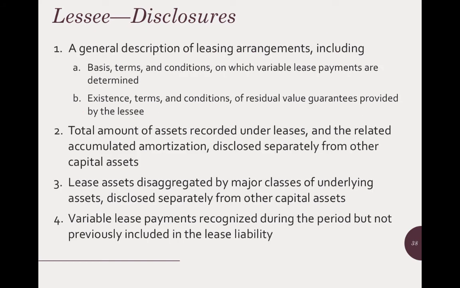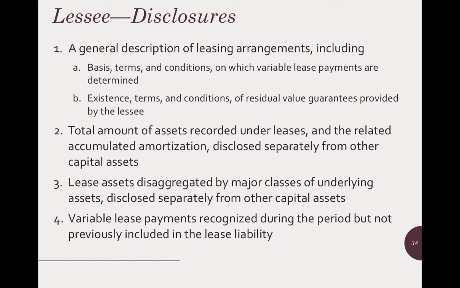There are a variety of disclosures that are required, many of them similar to what was already required for capital leases. Just a basic description of the government's leasing arrangements that identify some of the key terms and conditions, the total amount of assets that are recorded under leases, the accumulated amortization, lease assets disaggregated by major class of underlying assets, and again, in all these cases, identified separately from other types of capital assets.